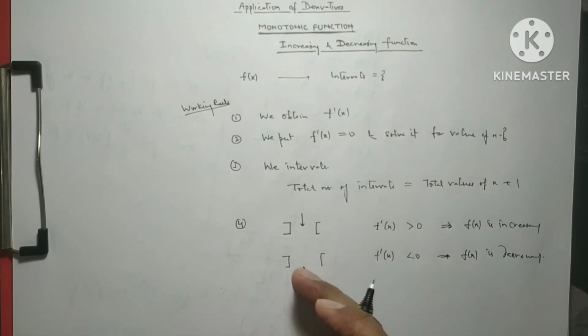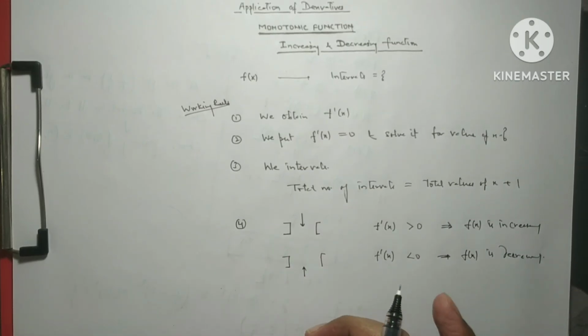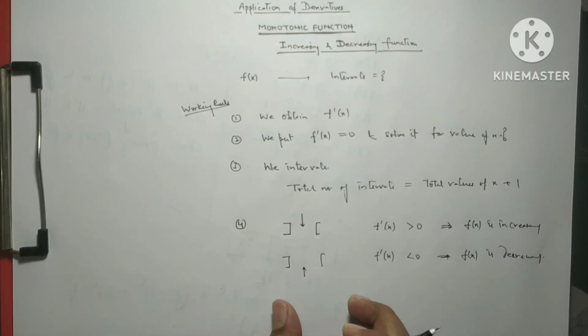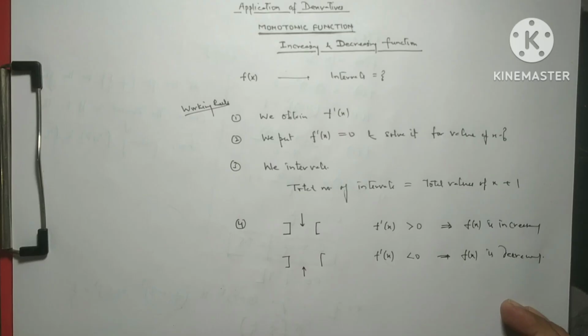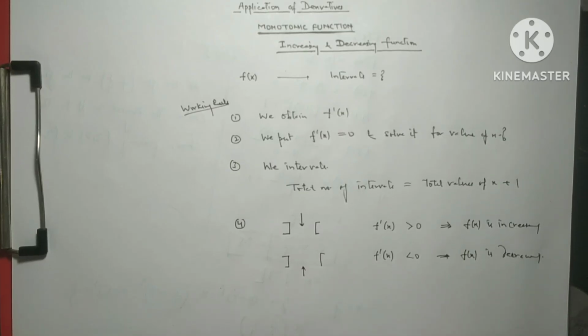If we have more than one interval, then we will use union. All those intervals at which f dash x is greater than 0, the union of those intervals will show the increasing function, and in the same way we will go for the decreasing function.